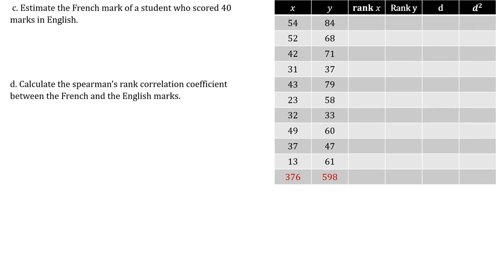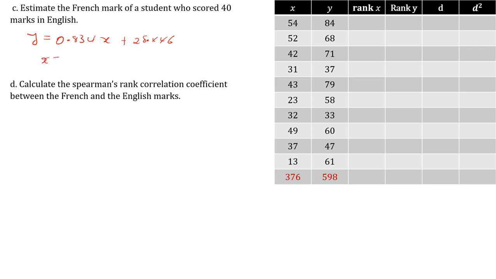Now, the next question says that we should estimate the French mark of a student who scored 40 marks in the English test. Now, we are going to use our equation obtained above. y is equal to 0.834x plus 28.446. Now, we had our French mark to be x and we had our English mark to be y.